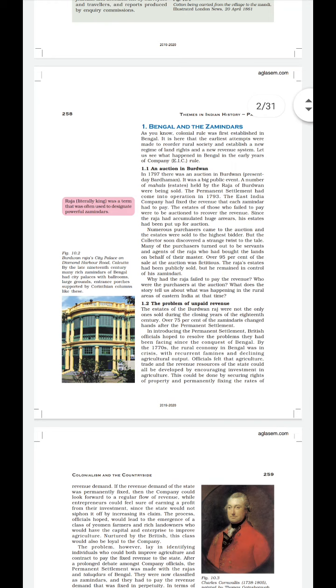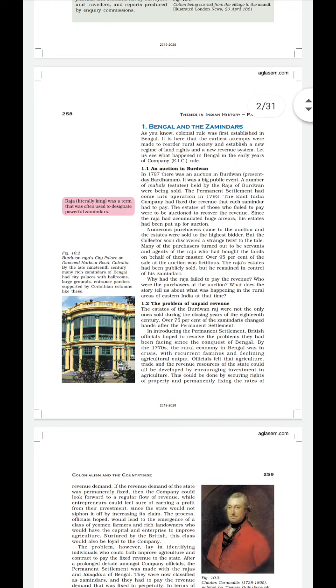Now, the officers thought that the source of collecting tax was trade and agriculture, and it could be developed only by improving the agriculture system. So investment in agriculture needed to be done. Why? Because if agricultural production is good, only then will the people be able to pay the tax.